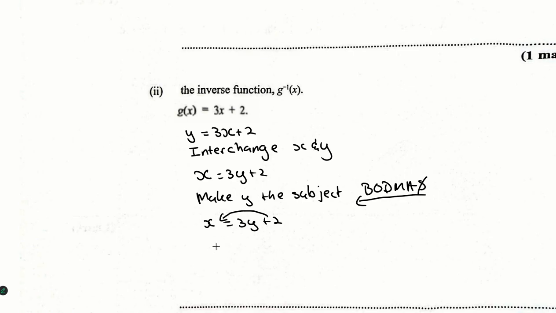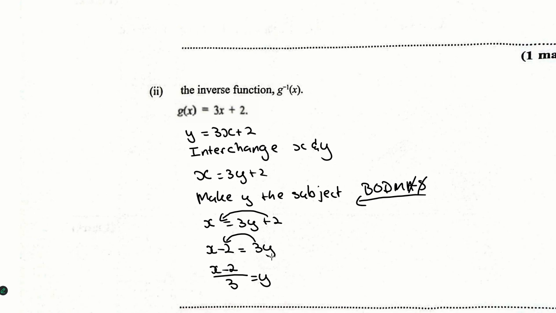Anytime we carry something over the equal sign, it's the opposite. So the opposite of plus 2 is minus 2. So x minus 2 is equal to 3y. Is there multiplication? Yes, the relationship between 3 and y is multiplication. So if we carry across multiply by 3, it will turn to divide by 3. So it's x minus 2 all divided by 3 is equal to y.